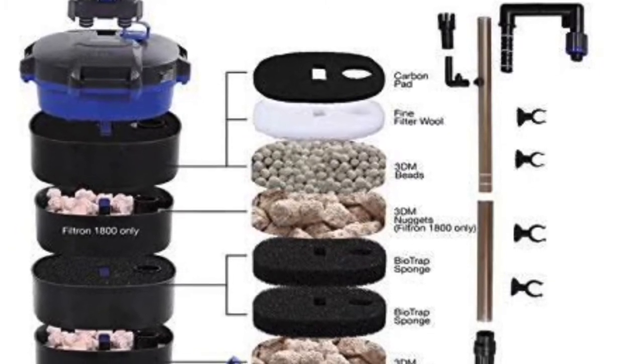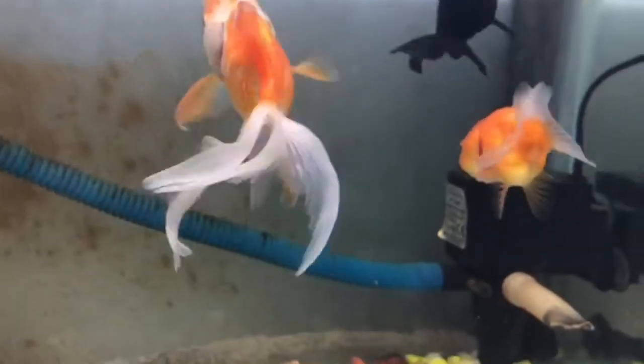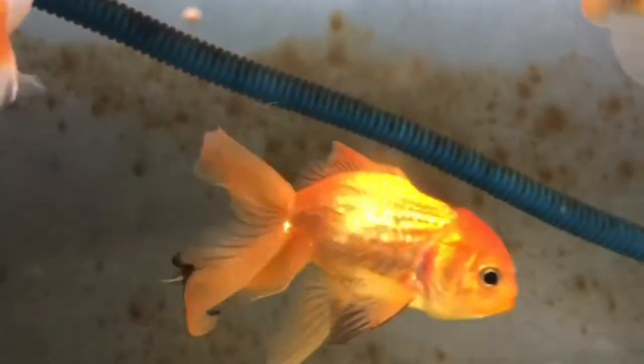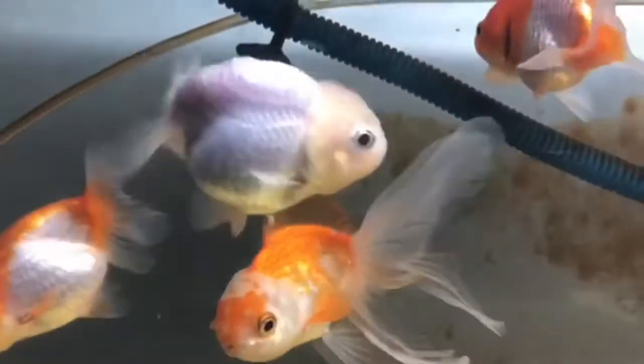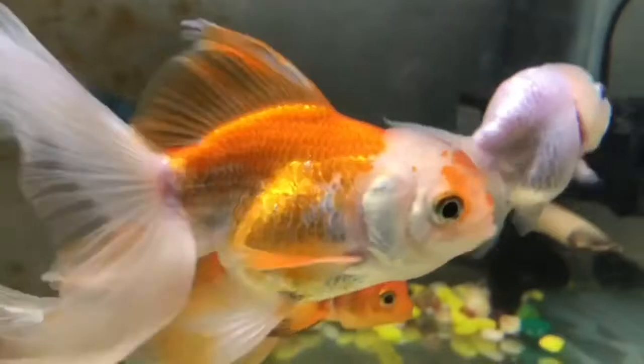Second in the list we have the hang-on-back filter, which is powered to remove water from the aquarium, usually with a long siphoning tube, which is pushed towards a series of different filter media and returned to the aquarium. They are the most common type of aquarium filters. They are usually more efficient and easier to maintain than the internal filter.